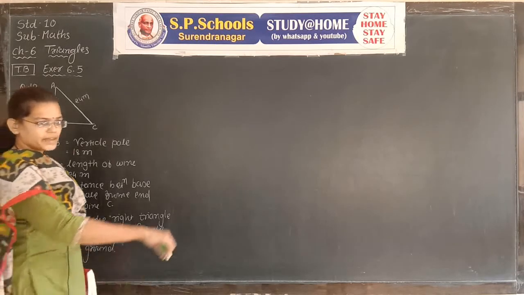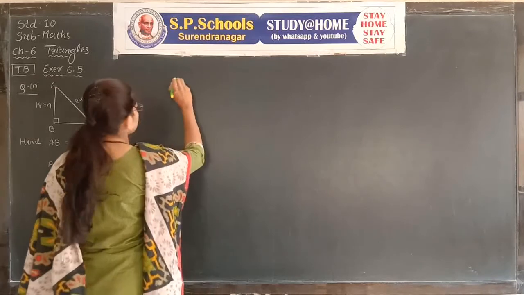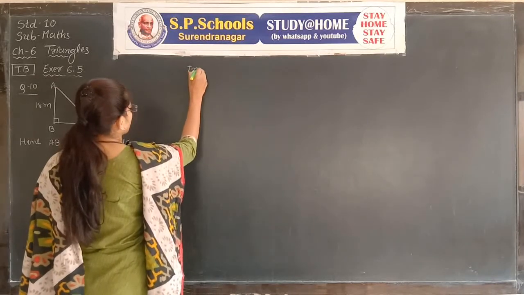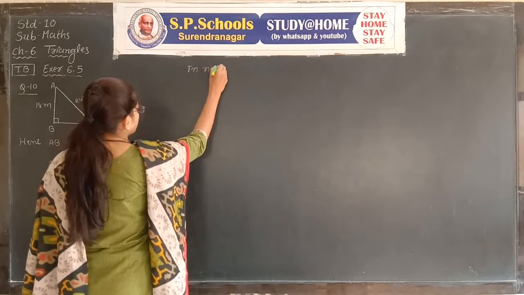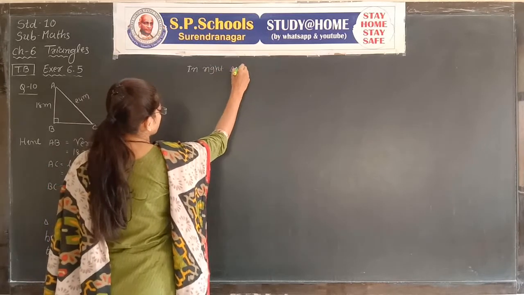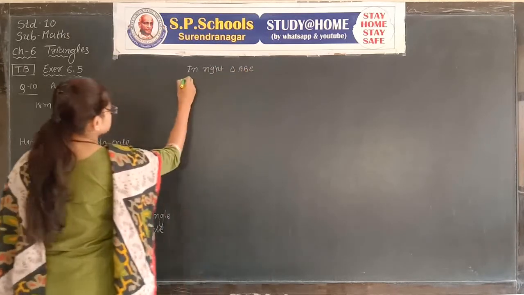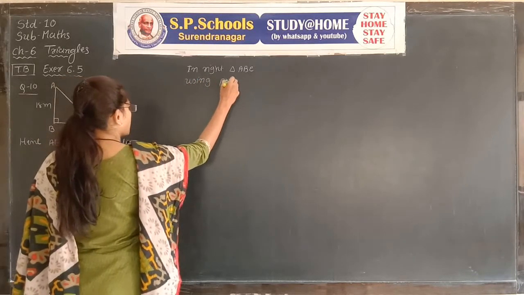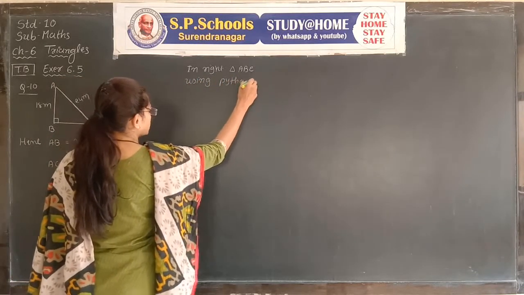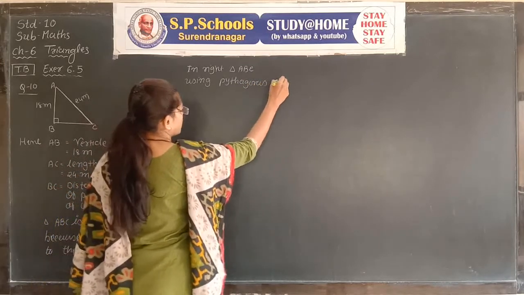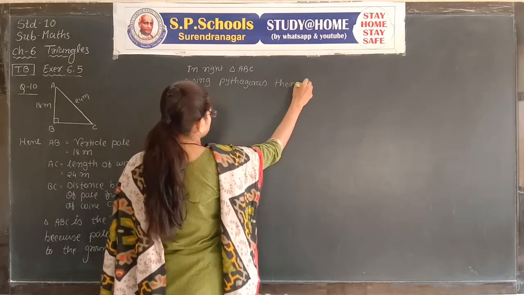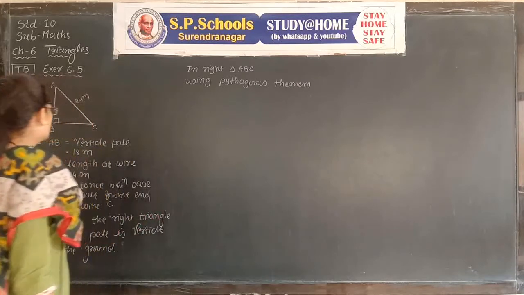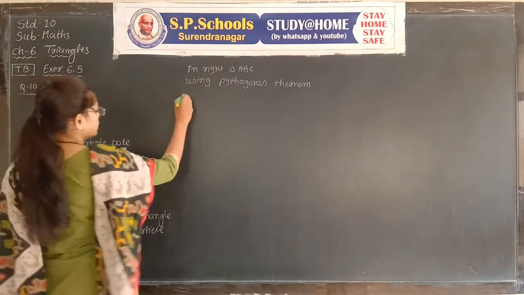So use the Pythagoras theorem in right triangle ABC. Using the Pythagoras theorem, the hypotenuse is AC.